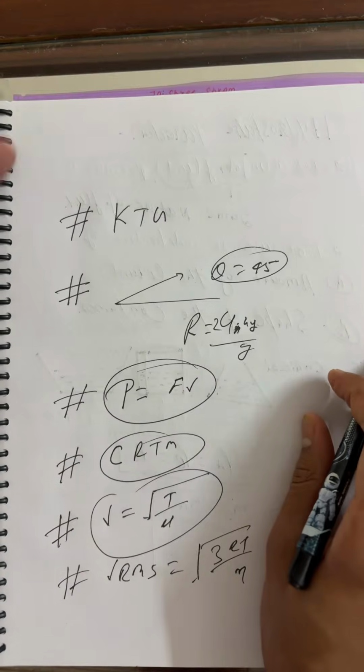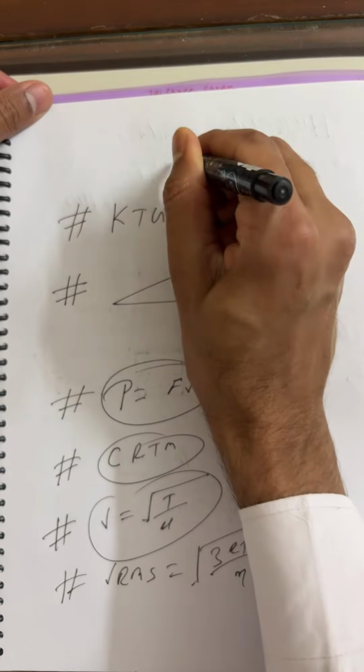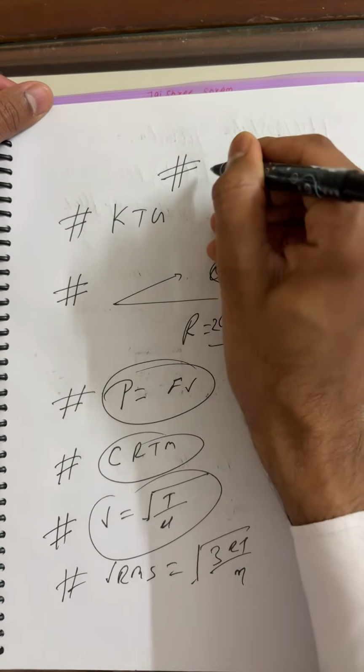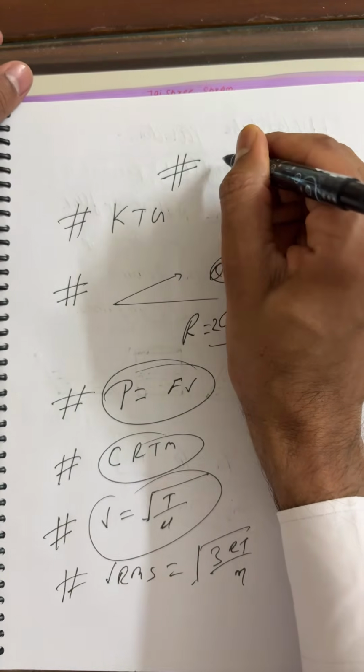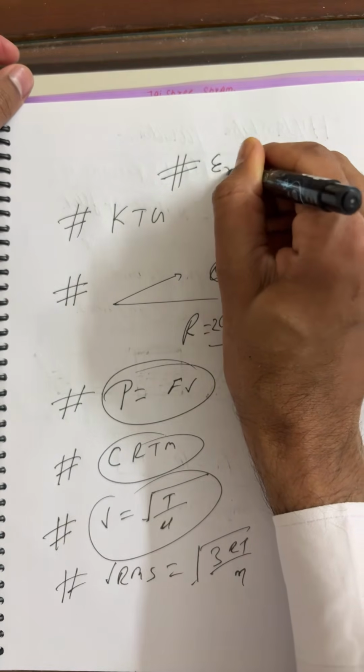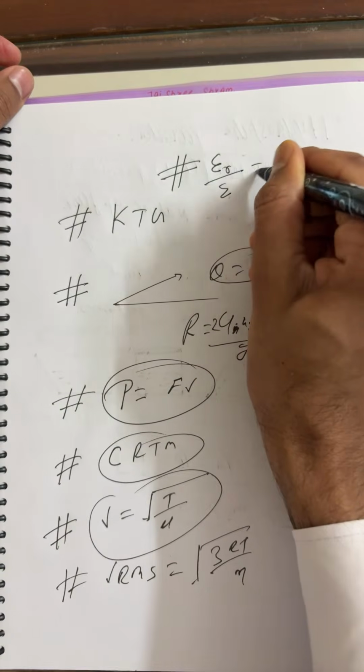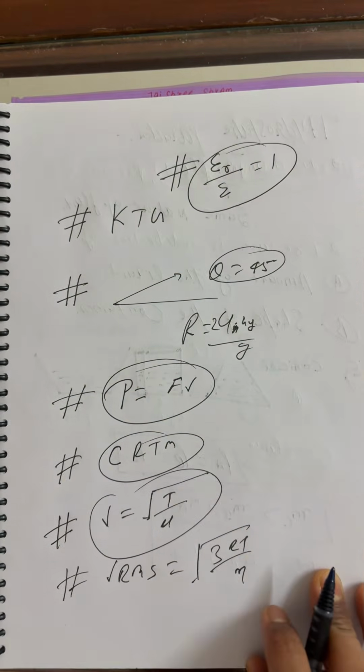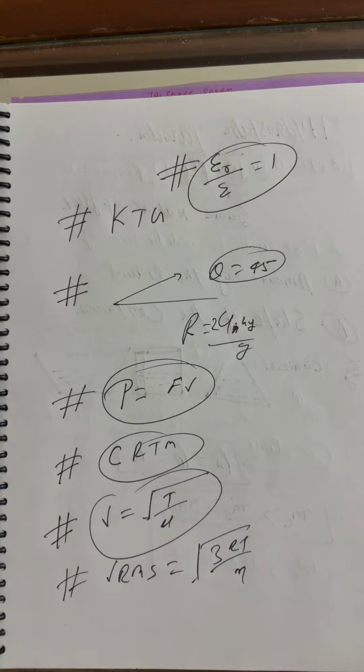One more question here, from electrostatics. Maybe you remember this question: epsilon R upon epsilon is equal to 1. This kind of question is highly required. Just keep it in your mind.